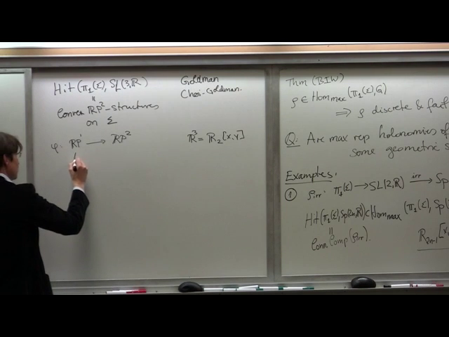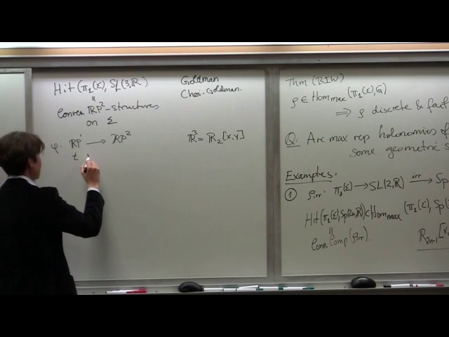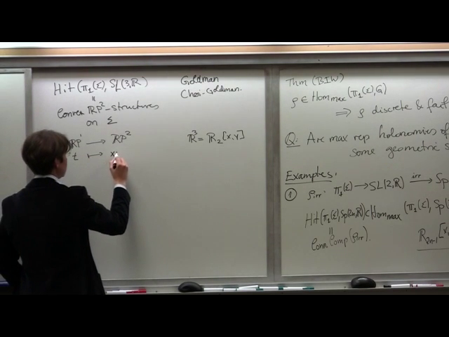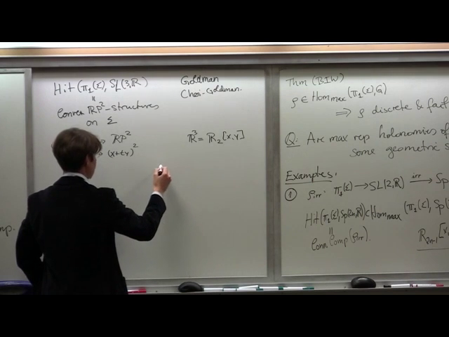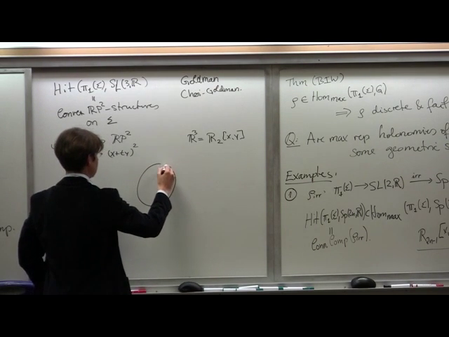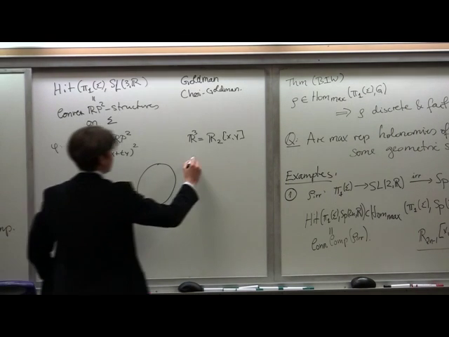If I think of a point in RP1 as parameterized by t, but I really think of t as being the polynomial x plus ty, then I get a map which sends this to x plus ty squared. Right? So when I look at this map, I get some nice quadric in RP2.